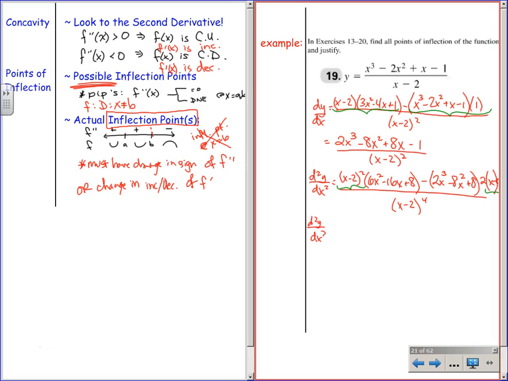So then that's going to simplify with the bottom just to be x minus 2 cubed, right? Because there's a common one that came all the way out and simplified.